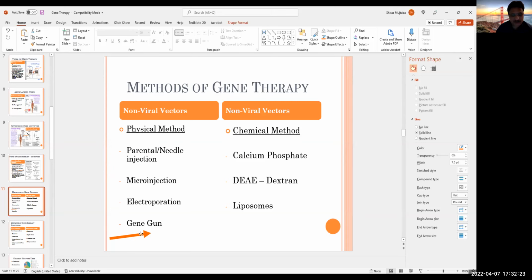So these are physical ways to pierce the cell membrane and inject the DNA. It could be retroviral, it could be adenoviral. The second is the chemical method: calcium phosphate, DEAE dextran, liposomes. They can enter the cells and have the property to make the cells more porous.